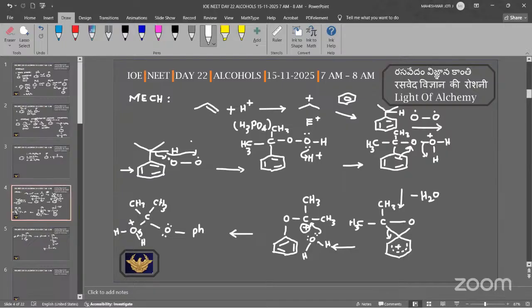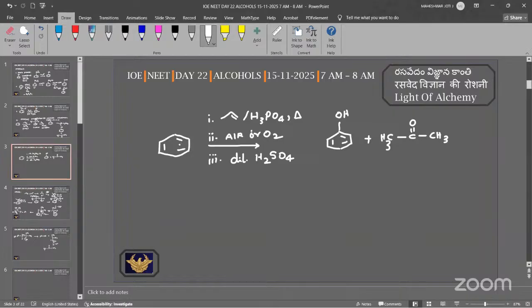Suppose a question is given: in the preparation of phenol from benzene, what types of reaction mechanisms are involved? See, with the first reagent, it is electrophilic aromatic substitution.